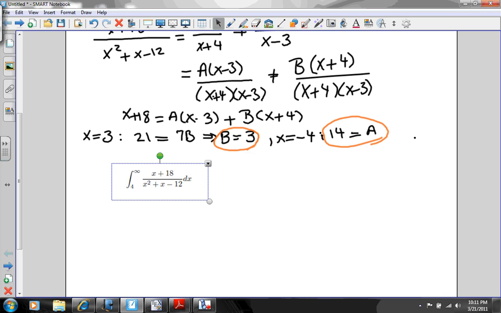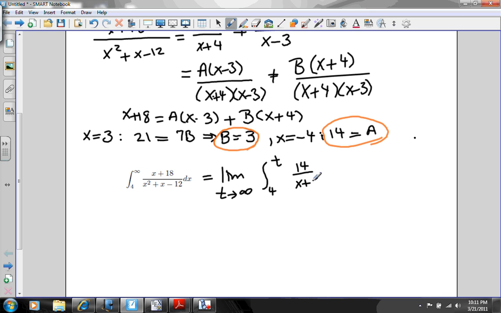This integral is equal to the limit as t tends to positive infinity of the integral from 4 to t of A, which was 14 over (x + 4) dx, plus B, which was 3 over (x - 3) dx. Let's close our bracket and do the integral first.